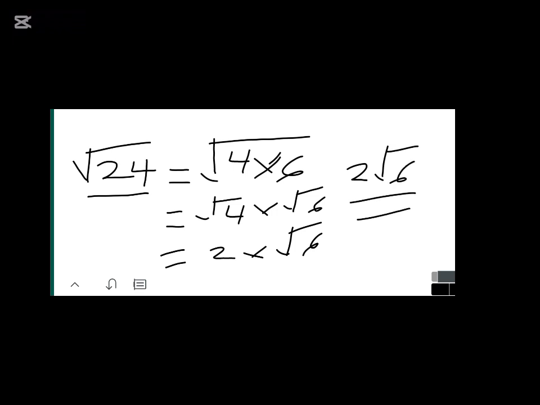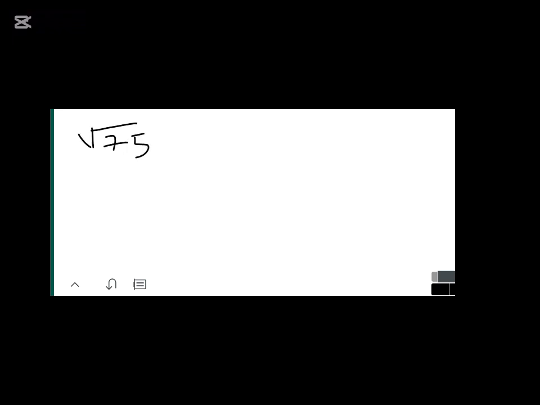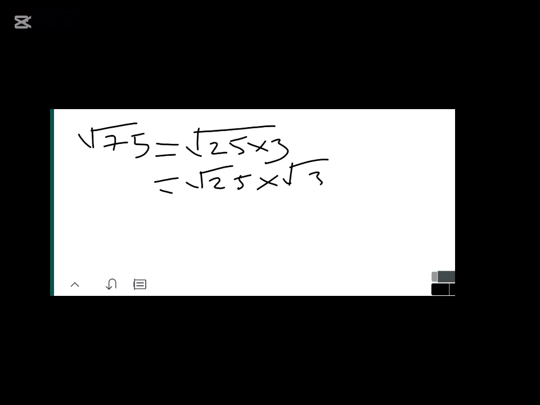Let's take another example. Let's take square root of 75. With square root of 75, you have to think about two numbers that, when we multiply, we get 75. When I multiply 25 times 3, I get 75. As usual, let's write them differently. The square root of 25 is a perfect square, so let's write the square root of 25 multiplying square root of 3.